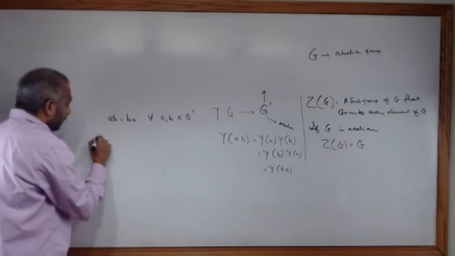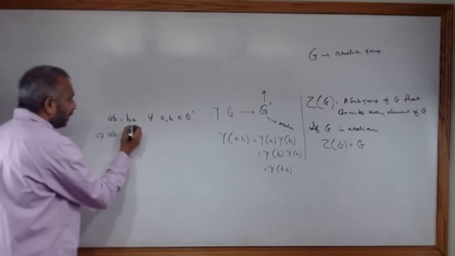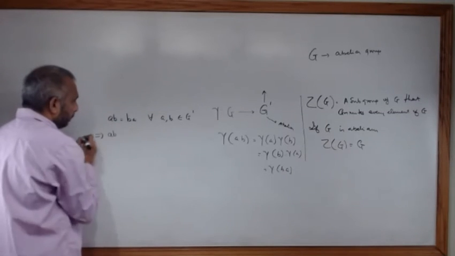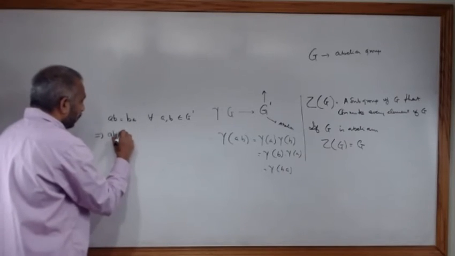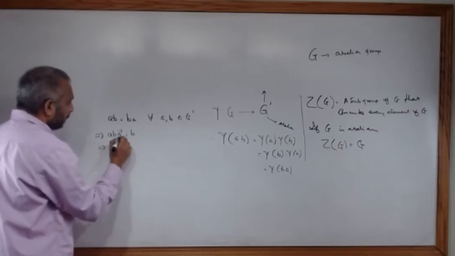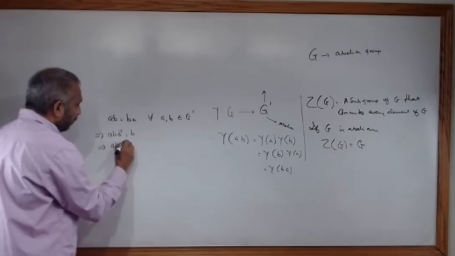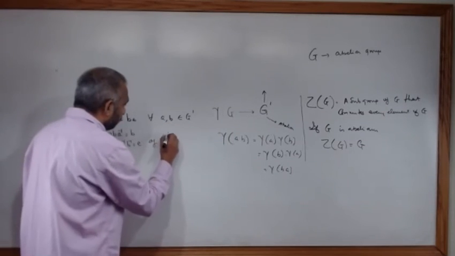And what does this mean? This means that AB equals BA, then you take B here, or you take A here, A inverse, and that implies A B A inverse B inverse equals E of G prime.